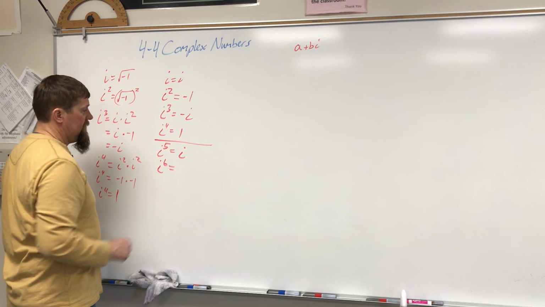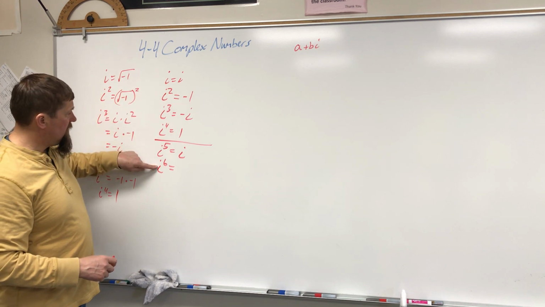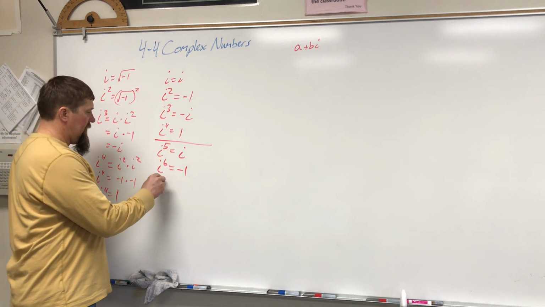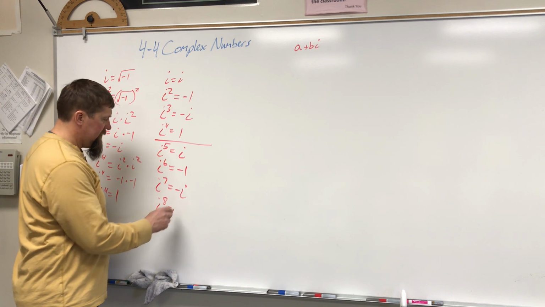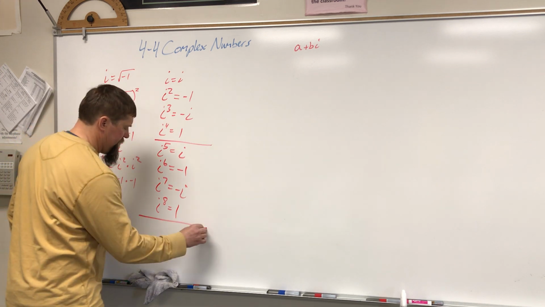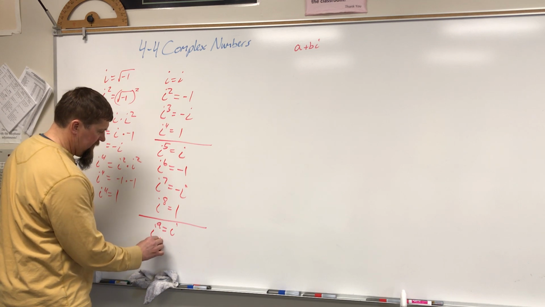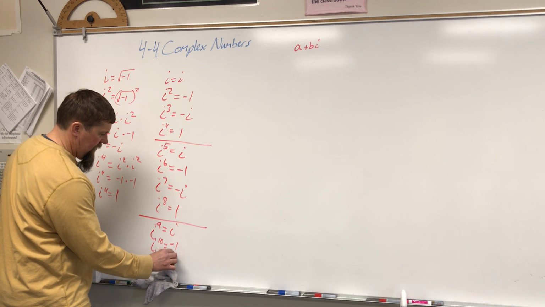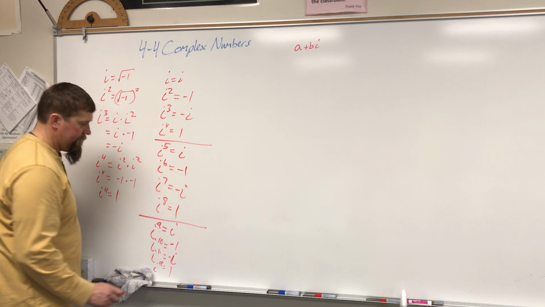i to the 6th is i to the 4th times i squared, so i to the 6th is the same as -1. i to the 7th is the same as -i. i to the 8th is the same as i to the 4th, and then it repeats. i to the 9th is i, i to the 10th is -1, i to the 11th is -i, and i to the 12th is 1.